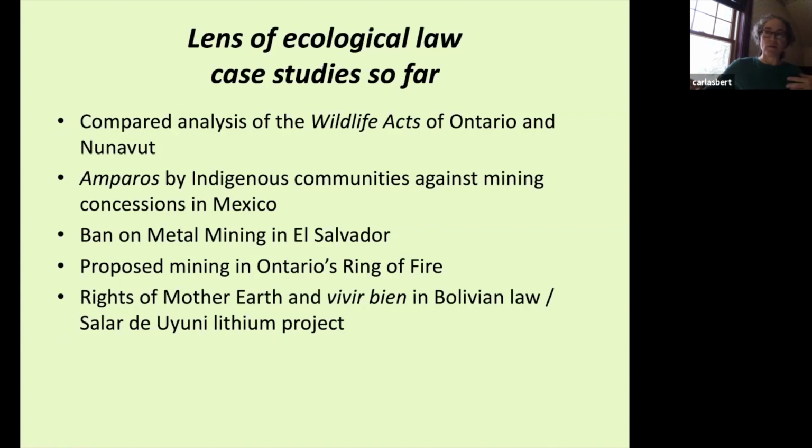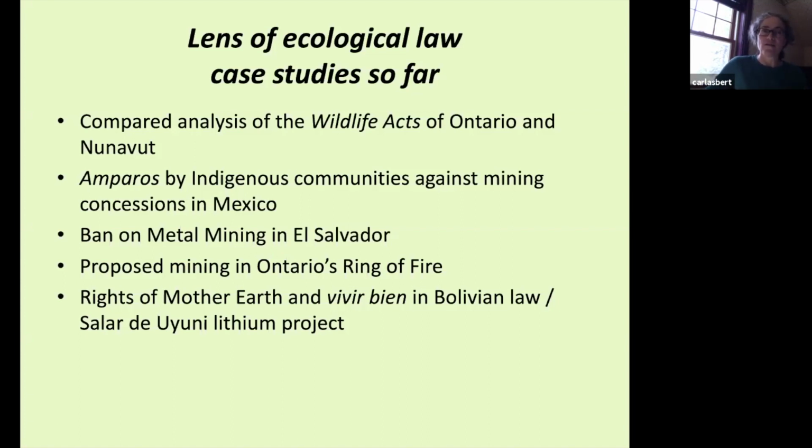So I thought that because of possible synergies between Indigenous principles and ecological law, it could be an interesting analysis, and it was, but I didn't take that comparison very far.